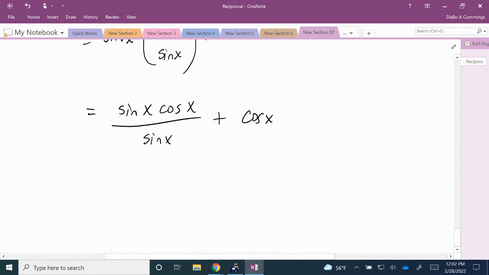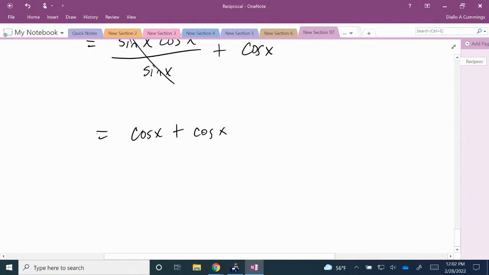Okay. So now I'm going to simplify sine x times cosine x divided by sine x. We could cancel common factors. All right, so the sine x cancels. So I have cosine x plus cosine x. Right, so cosine x plus another cosine x would give us 2 cosine x.